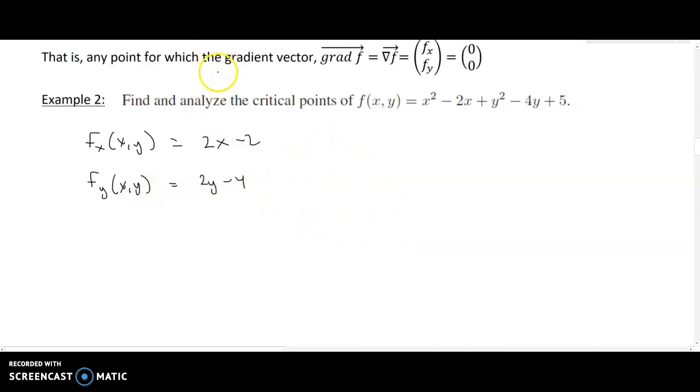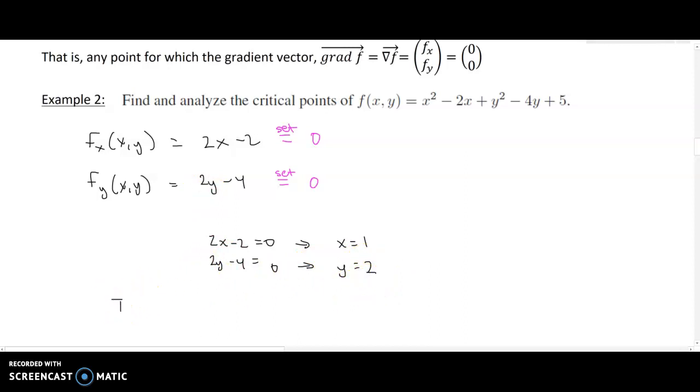Now we want to find the critical point, so we're going to set these equal to 0. So when I solve the first equation, 2x minus 2 equals 0, this gives me an x value of 1. And when I solve 2y minus 4 equal to 0, I add 4 and divide by 2, and we get x equals 1, y equals 2.